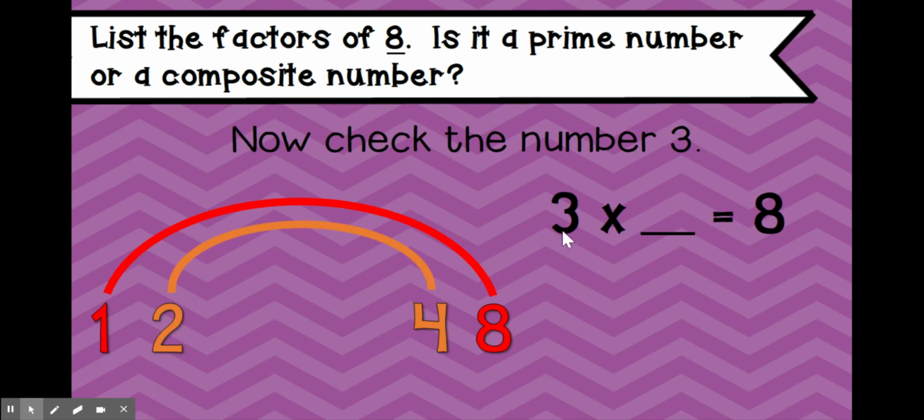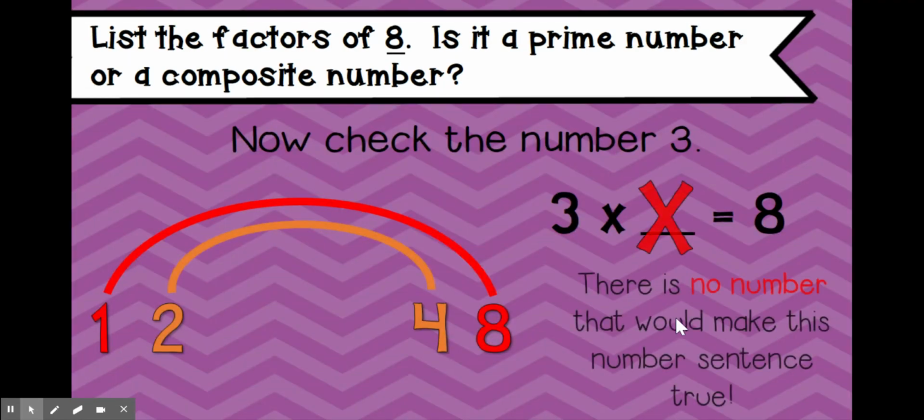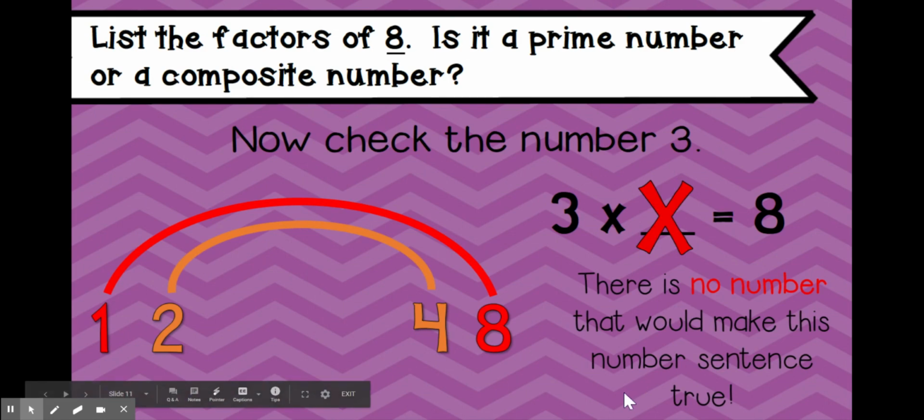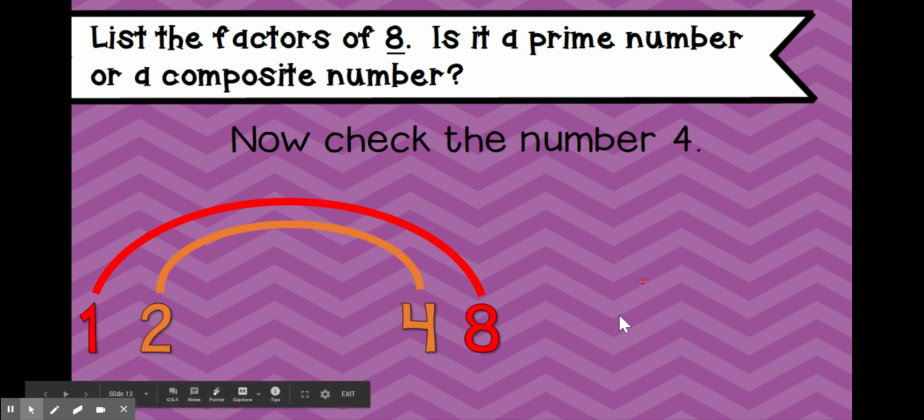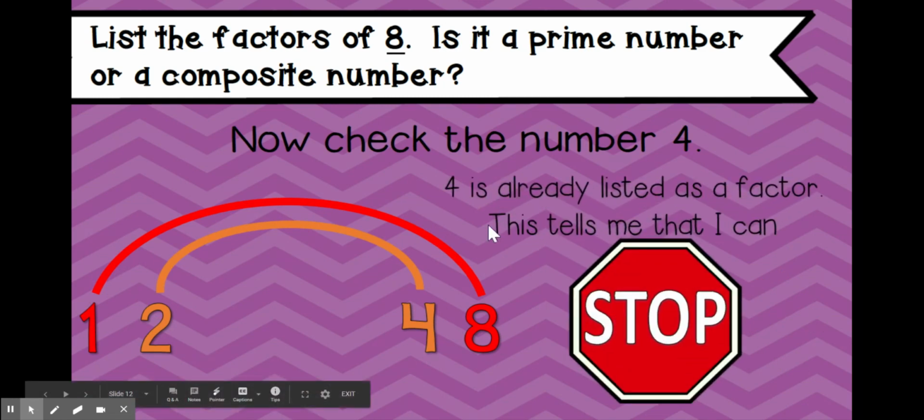Now check the number 3. 3 times what will equal 8? There is no number that would make this number sentence true. Now check the number 4. 4 is already listed as a factor. This tells me that I can stop.